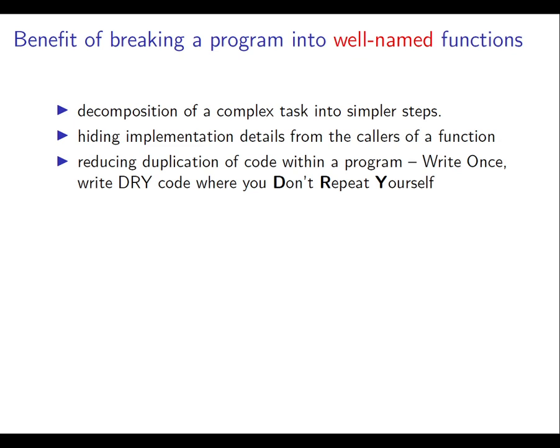Where we came in was with the most obvious motivation, which is to say reduce duplication of code within a program. Nobody likes writing the same thing more than once, and so there are various slogans capturing this in the software engineering world.